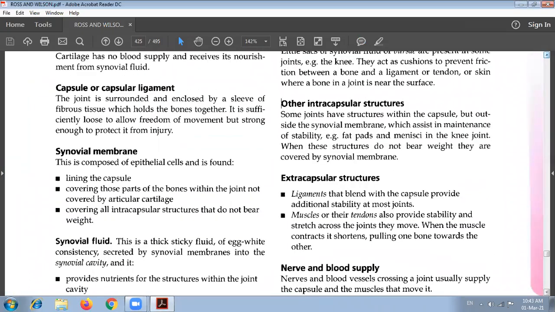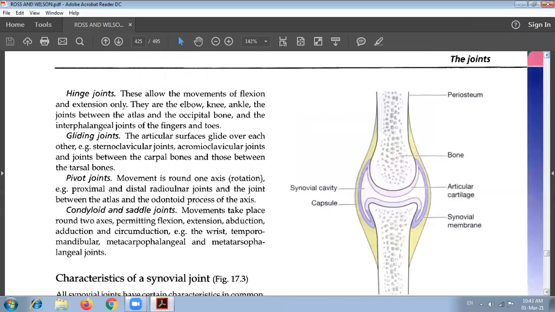So let us see the different types of joints coming under the synovial type. First we saw the ball and socket joint. The second is the hinge joint.